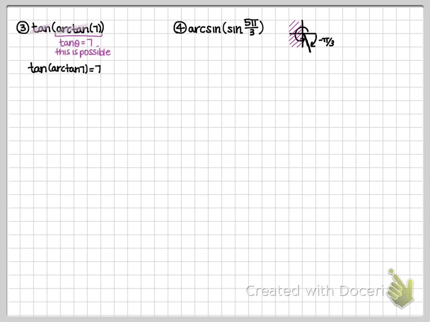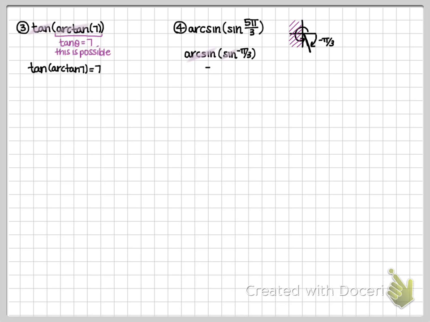So let's go through and rewrite this. I can replace 5 pi over 3 with negative pi over 3. They're coterminal angles, so the sine at those locations is going to be identical. Now, arc sine and sine can cancel because negative pi over 3 is acceptable.